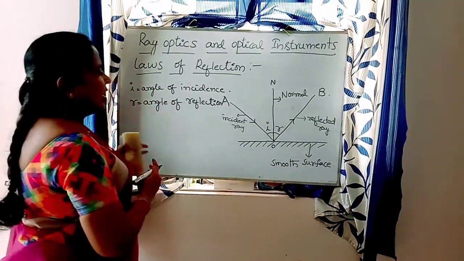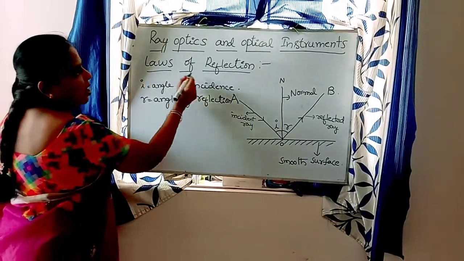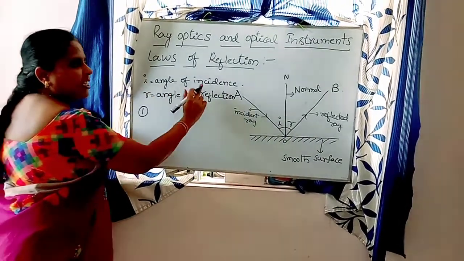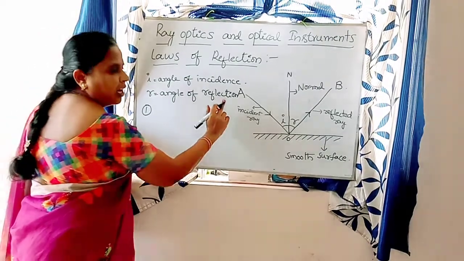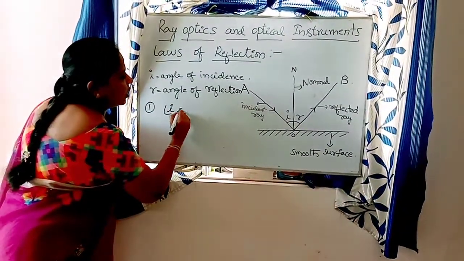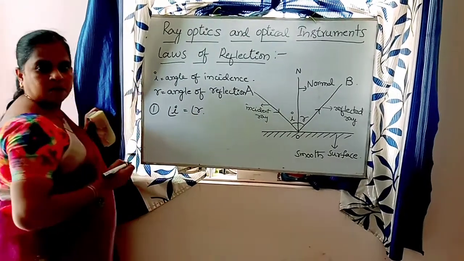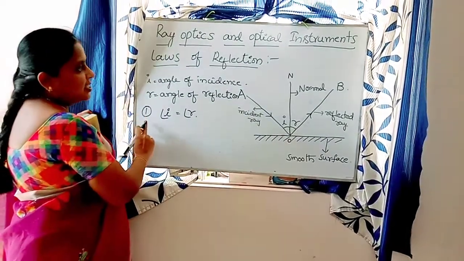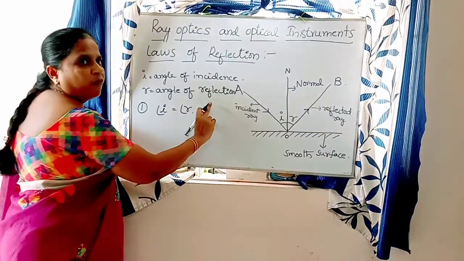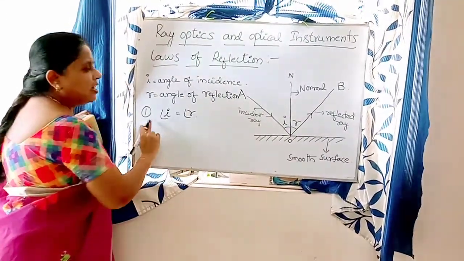The first point of the laws of reflection is that the angle of incidence is equal to the angle of reflection. That means angle I is equal to angle R. That is the first point.